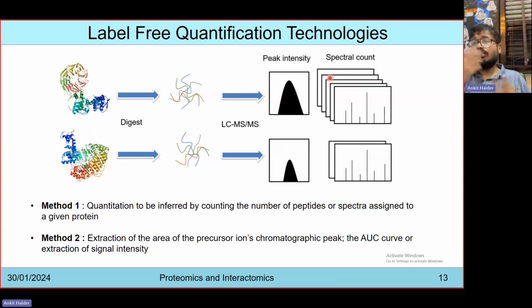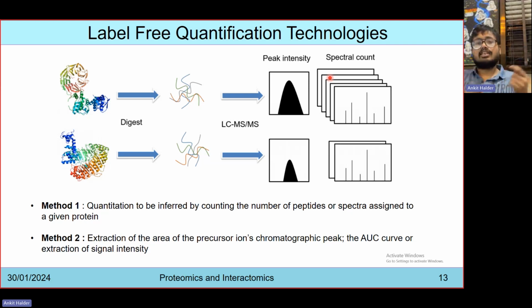In a similar way, there is another method you can use. You know that we are separating our peptides on a liquid chromatography, where peptides are getting eluted at different times. So, for example, take peptide X in sample 1 and sample 2.